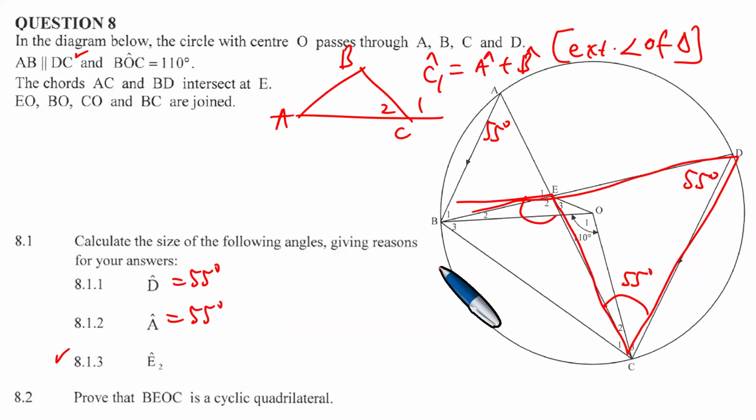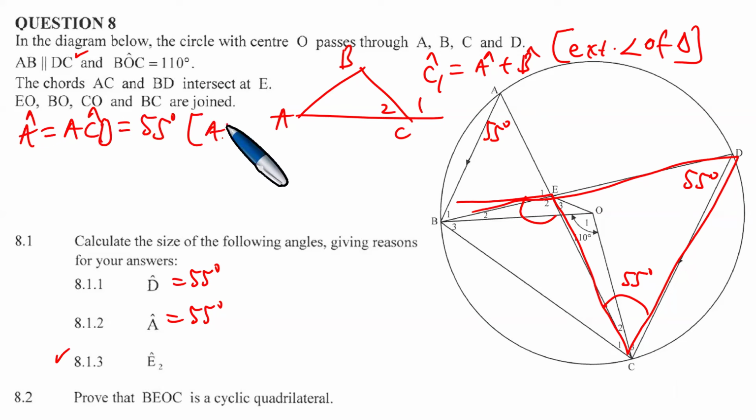So the angle A is equal to the angle ACD, which is 55 degrees. Why? These are alternate angles. Why are they alternate angles? Because AB is parallel to DC.